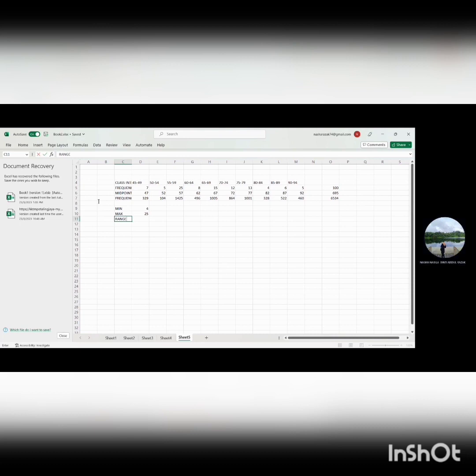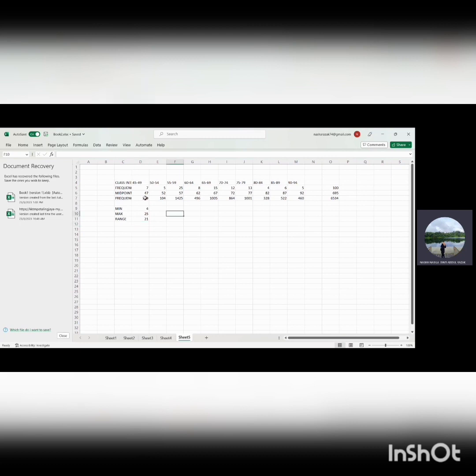Range is maximum minus minimum, and we get the value that is 21 for the range.